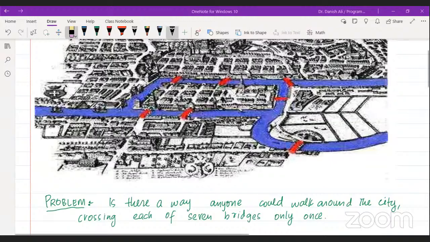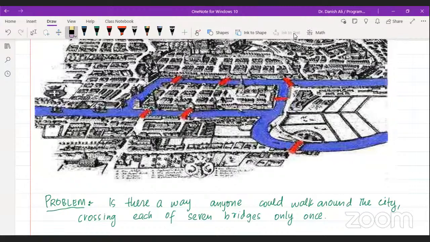Do you understand, by the way, do you understand the problem? Yes, sir. So basically, sir, we have to make sure that we pass each bridge only once, and we have to explore the whole city.